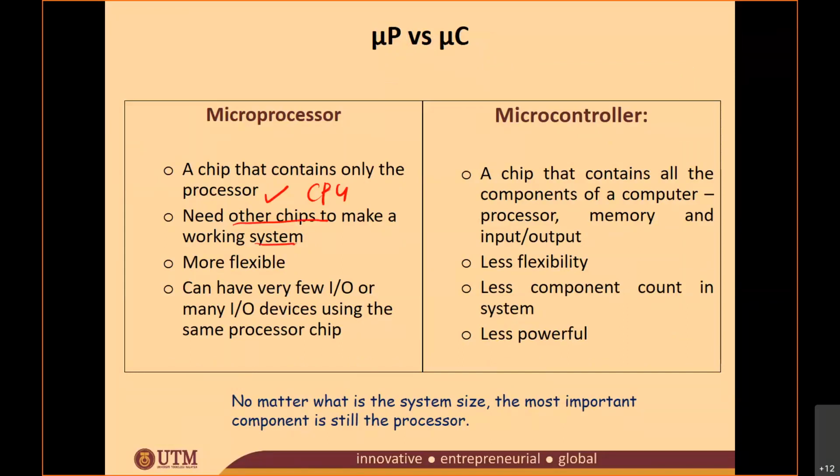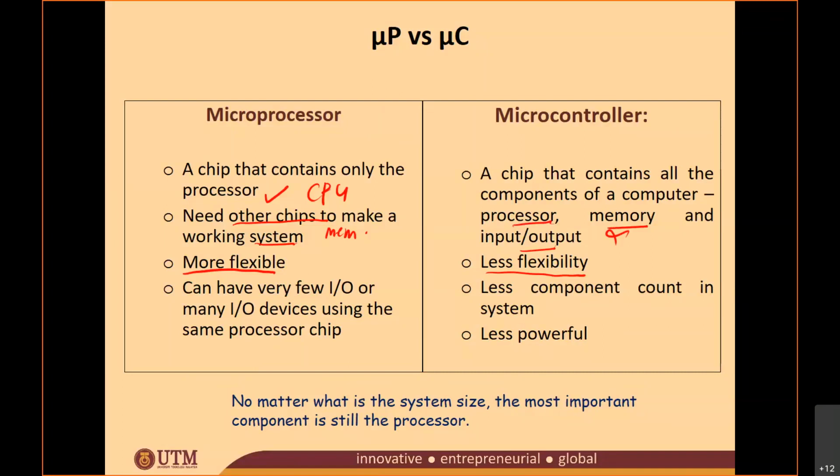Means that you need to buy another chip, which is a memory chip, consisting of ROM or RAM chips, as well as the I/O peripheral chip in order to make one working system. Okay, but this one, no need lah, tak perlu dah. Sebabnya kamu dah ada CPU, kamu dah ada memory, dah ada input output dalam that IC. Okay, microprocessor more flexible, and this one less flexibility.